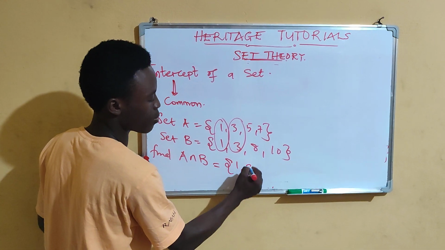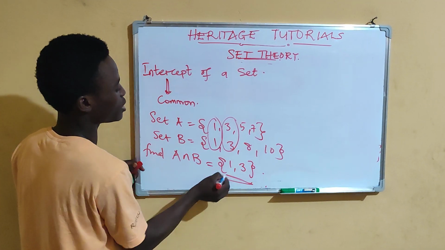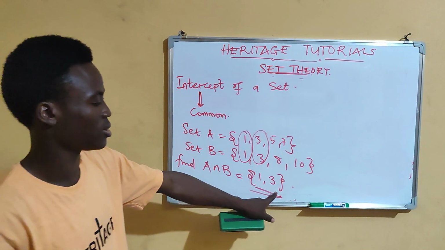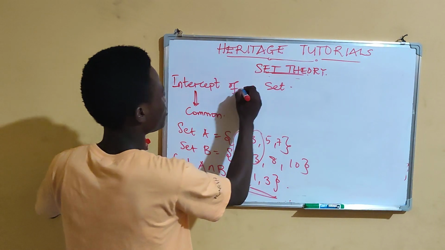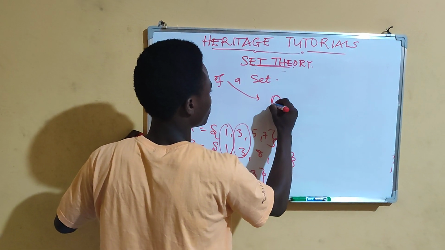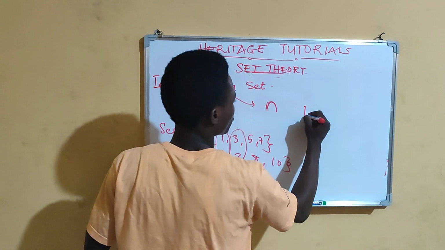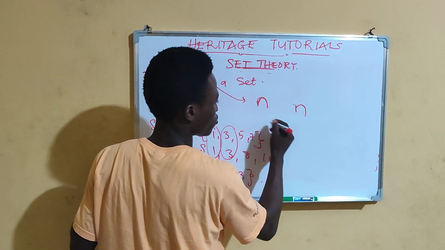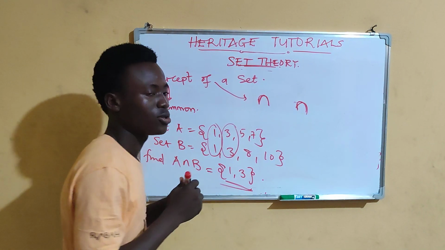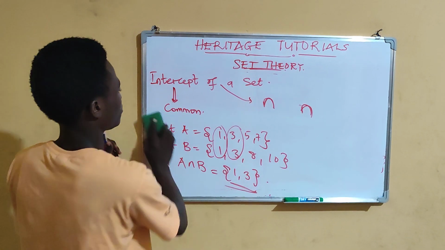So the intercept between A and B is 1 and 3. And it is denoted by n, like this. It's not your small letter n with a stroke. Just n. So I think we all get that.